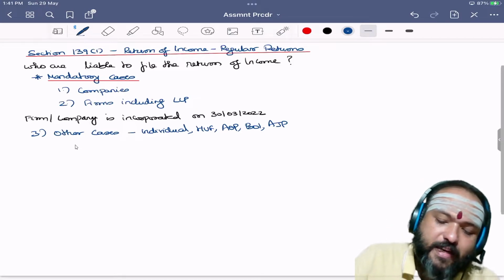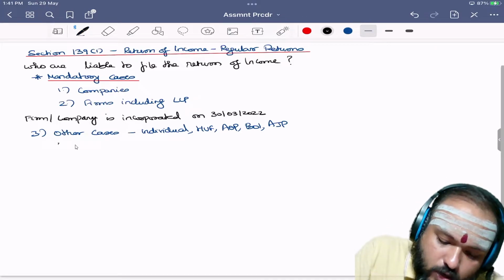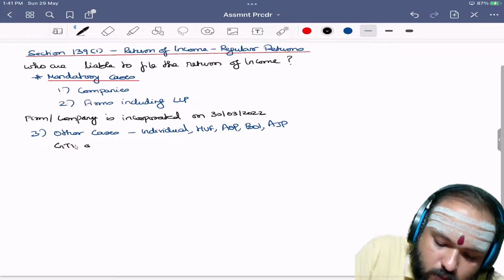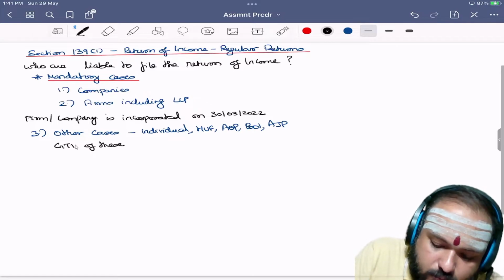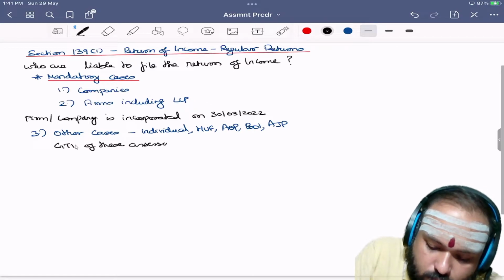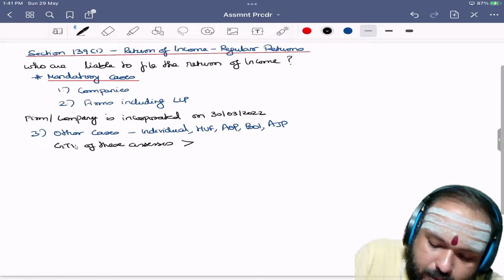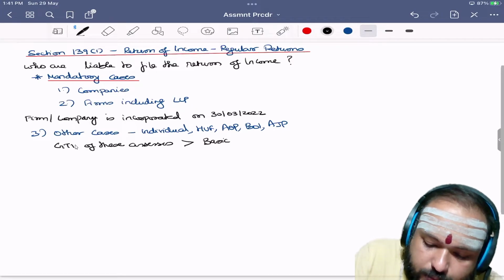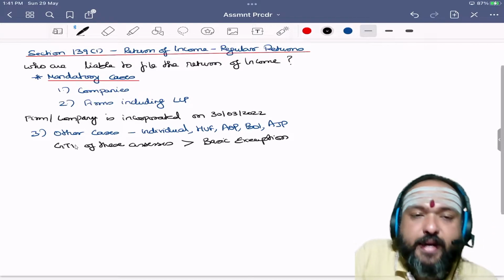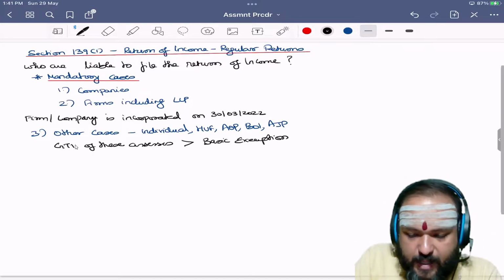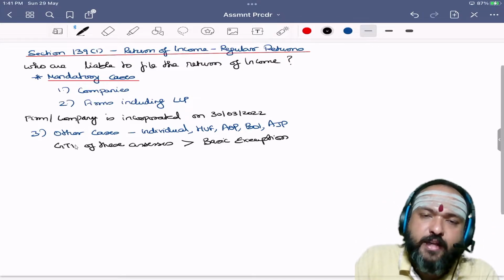So, what is the definition? If the gross total income of these assessees is greater than basic exemption, then they will have to file the return of income.